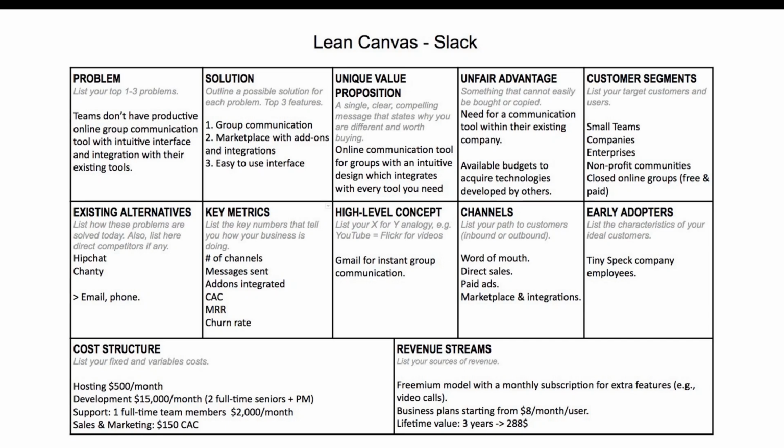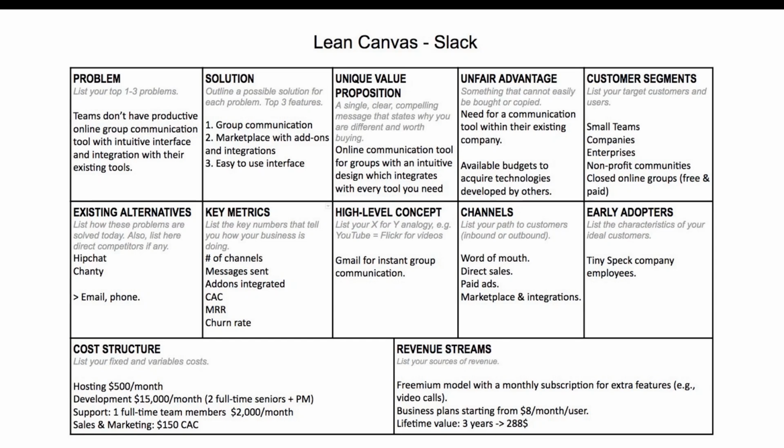So Slack solved both of these problems. As a solution, we have 3 key points here: group communication, marketplace with add-ons and integrations, and easy-to-use interface. One of the key things in Slack was the easy-to-use interface compared to existing solutions. Unique value proposition here: online communication tool for groups with intuitive design, which integrates with every tool you need.